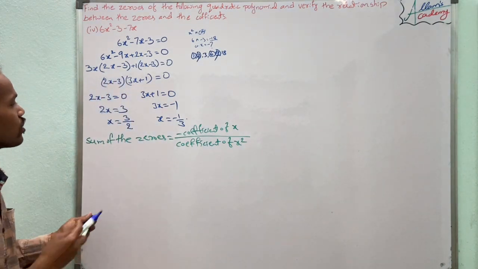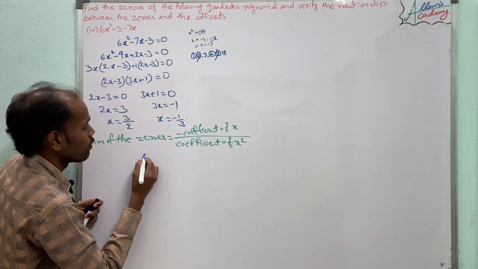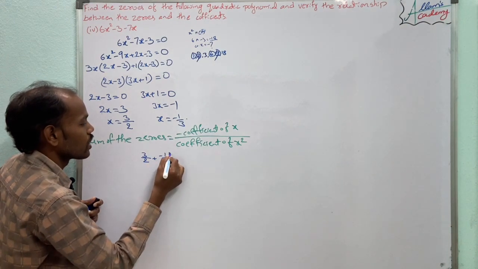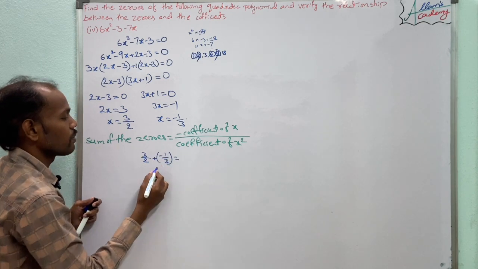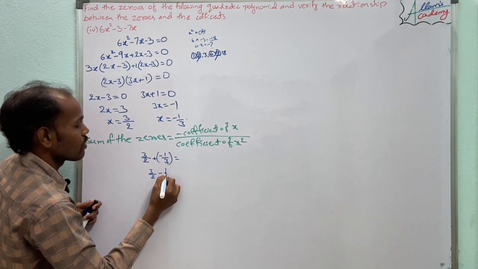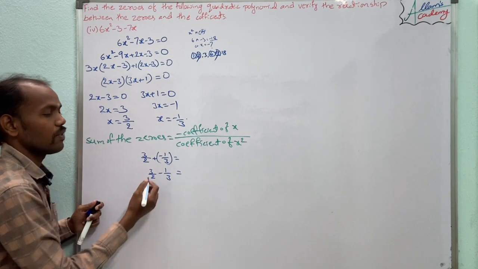Here the zeros are 3 by 2 and minus 1 by 3, and we add the two. So 3 by 2 plus minus 1 by 3: plus into minus means minus, so 3 by 2 minus 1 by 3.